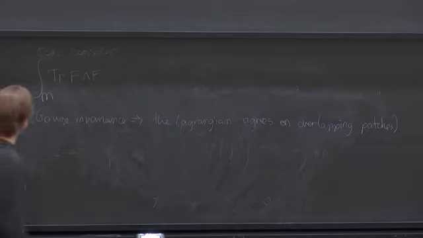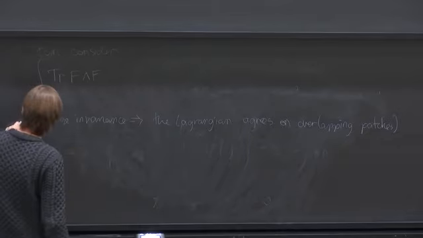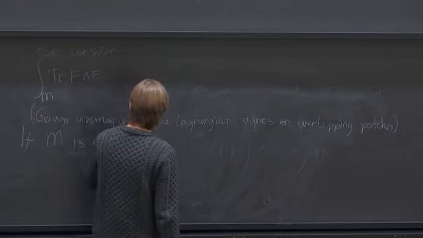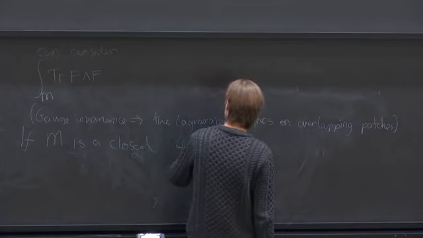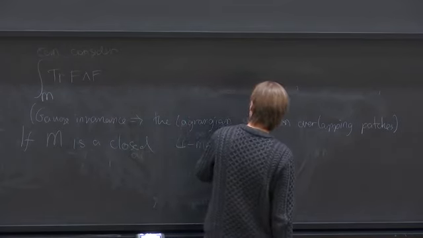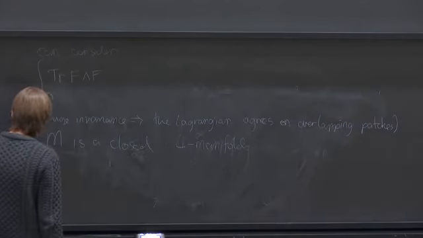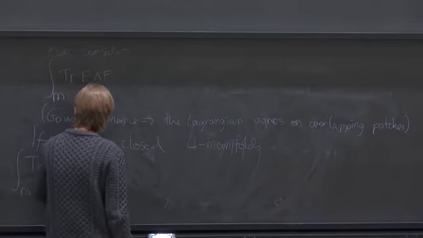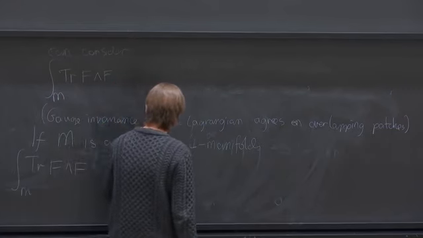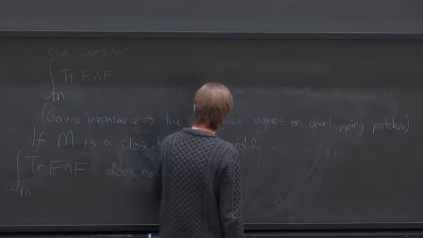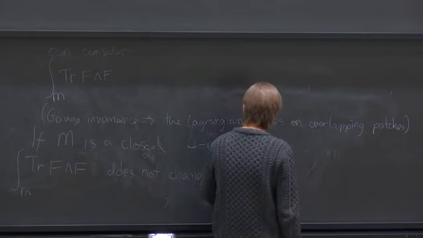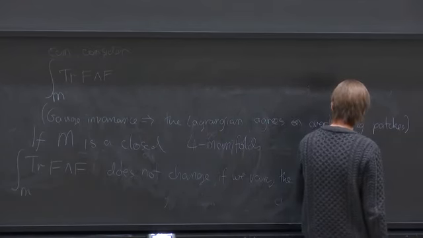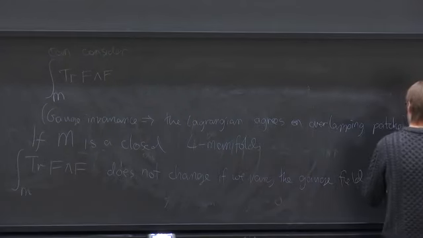Okay, so let's see. If M is a closed 4-manifold, meaning it has no boundary, then the integral over M of trace f wedge f does not change if we vary the gauge field a little, by small amounts.